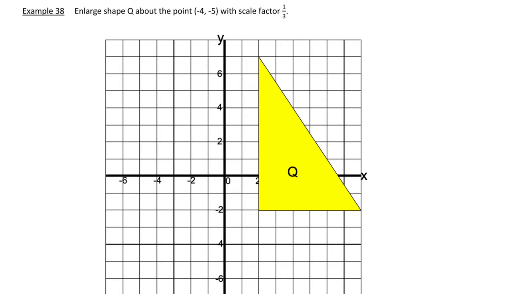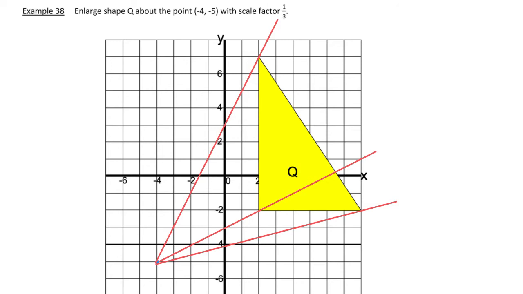So first thing I'm going to do is mark on the point -4, -5. And then what we can do is draw construction lines and measure the distance from the centre of enlargement to each vertex. So I've got my 3 construction lines, and what I need to do then is measure the length of line, and then I have to divide that by 3 or multiply it by 1/3.